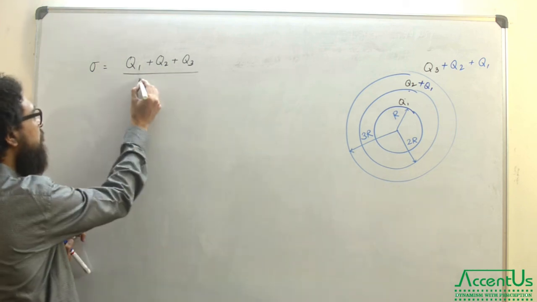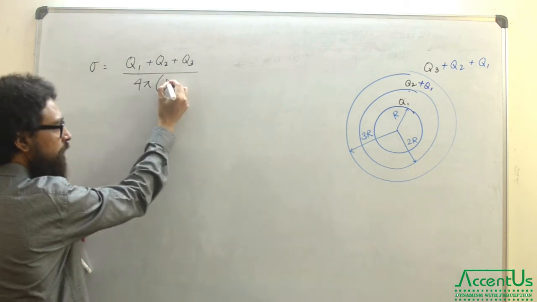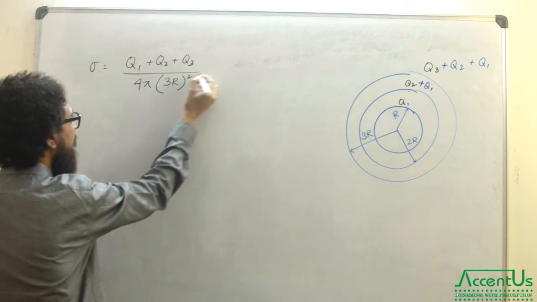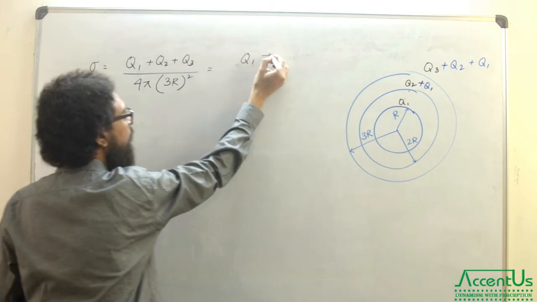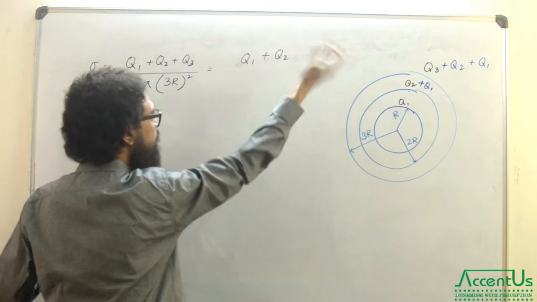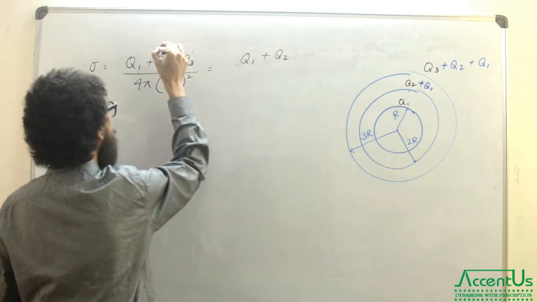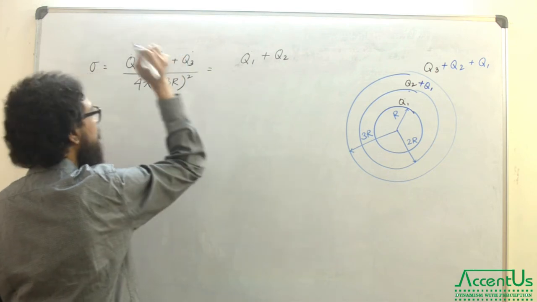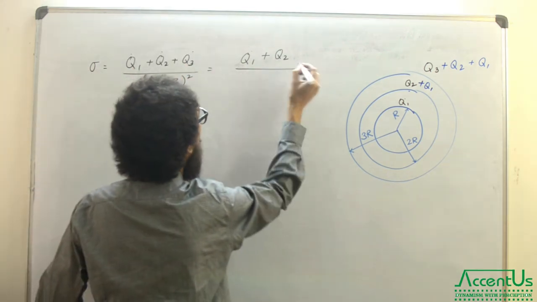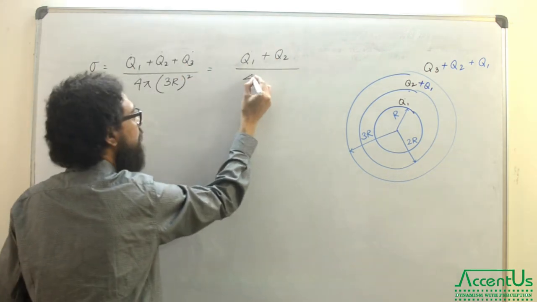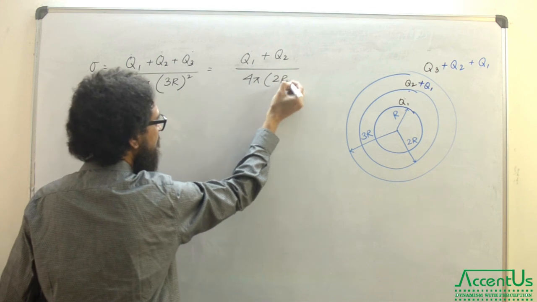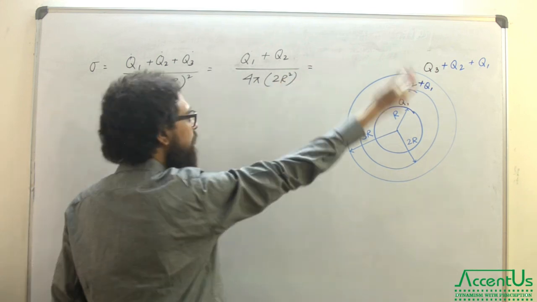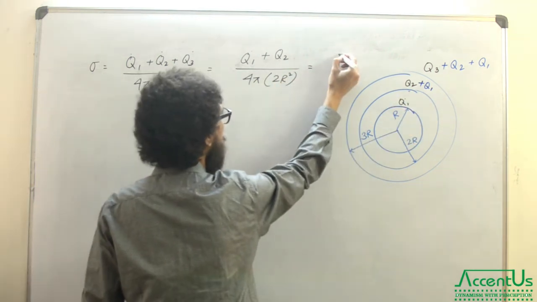And what is that? Surface area 4 pi r square, which is 3r. That is equal to Q1 plus Q2. The induced charge: sorry, these two are induced charges. This is induced charge. So for this surface it is this, and for this one it is this.